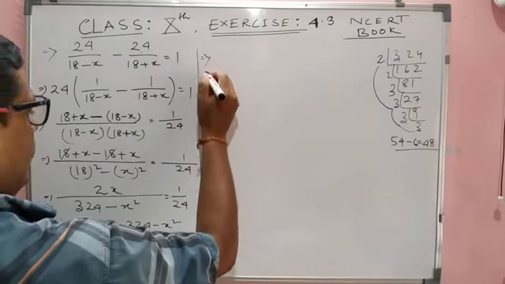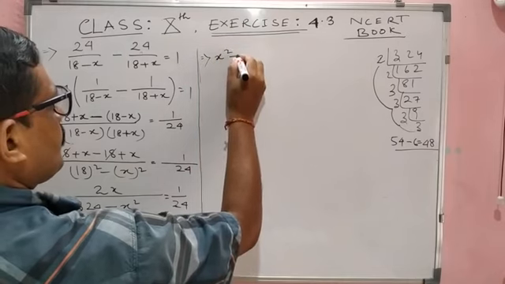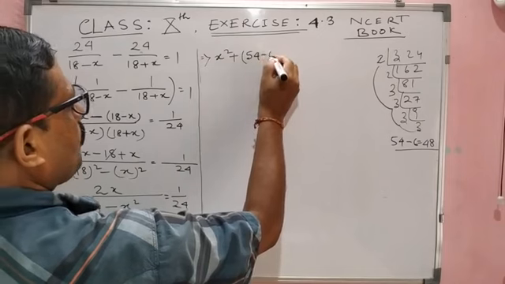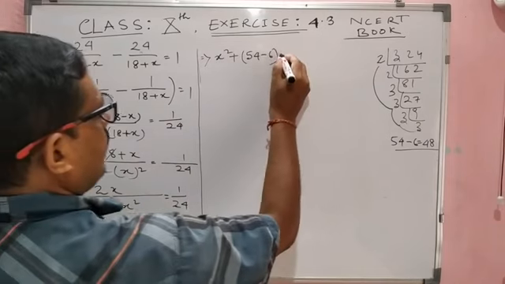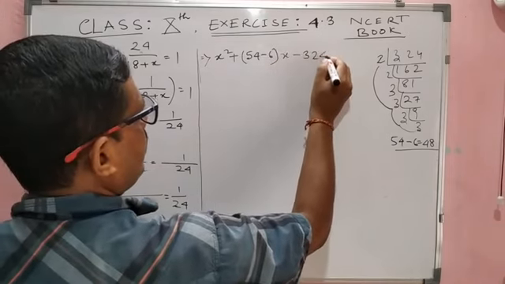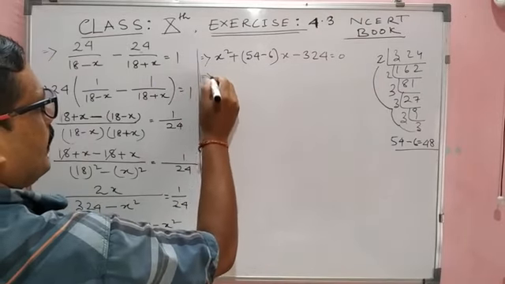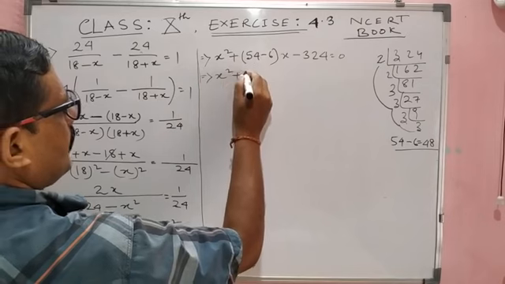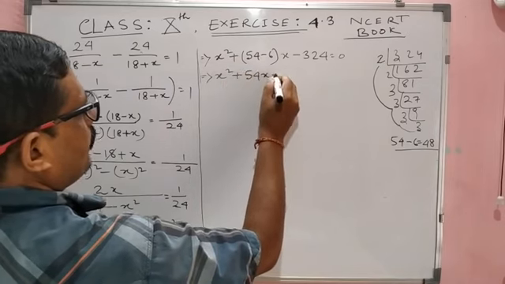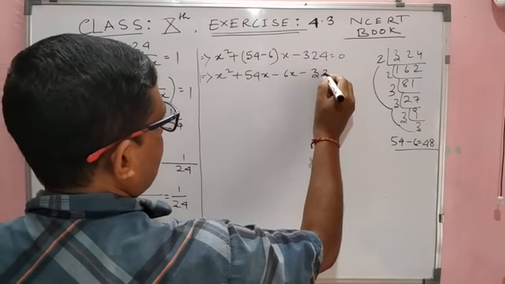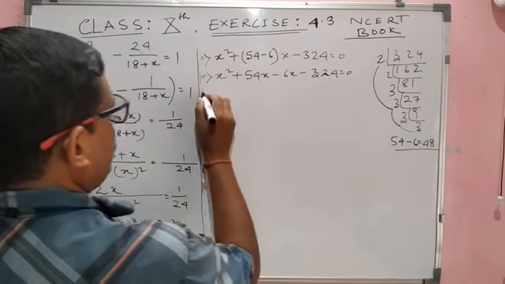So we can write this as x square plus 54 minus 6 whole into x minus 324 equal to 0. Now we get x square plus 54x minus 6x minus 324 equal to 0.